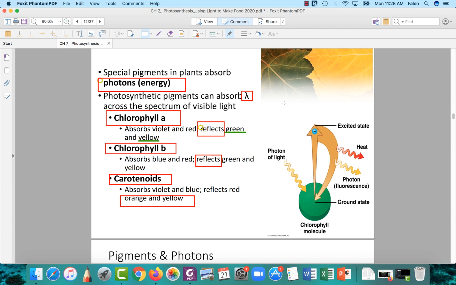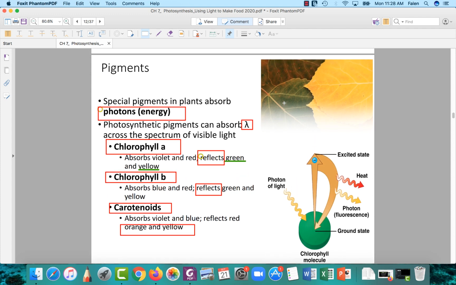Okay, so let's take a closer look at exactly how these pigment molecules are capable of absorbing photons. Visible light is coming through in wavelengths, aka photons of light.